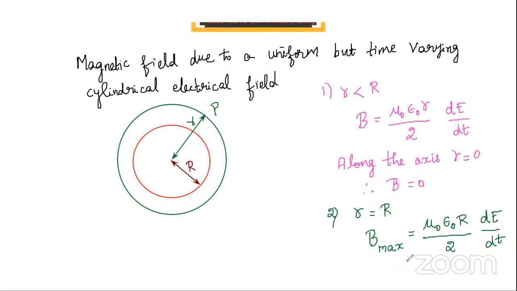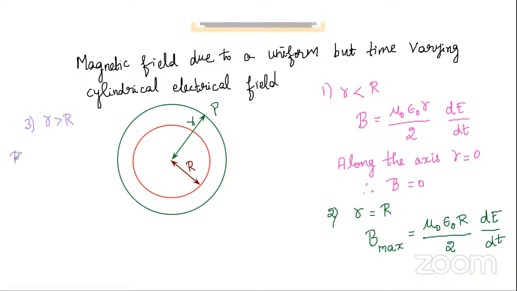And now finally, at R greater than capital R. The third scenario is small r greater than capital R. In that case, what will happen to the magnetic field value?